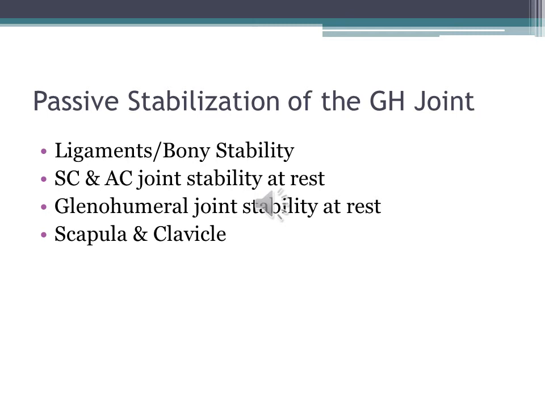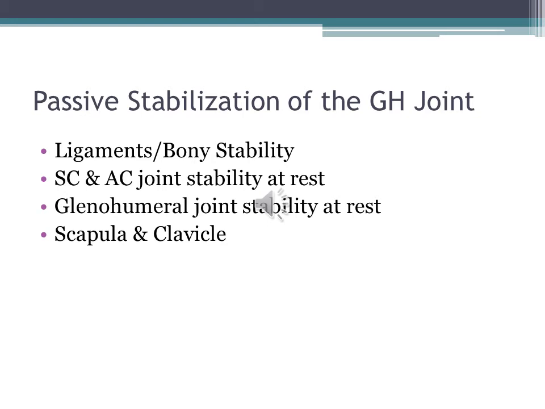When we look at the glenohumeral joint stability at rest, the ligaments that provide the bulk of the support at rest are the coracohumeral ligament and the superior glenohumeral ligament. The other thing that provides stability to the glenohumeral joint at rest is the negative atmospheric pressure in the capsule.